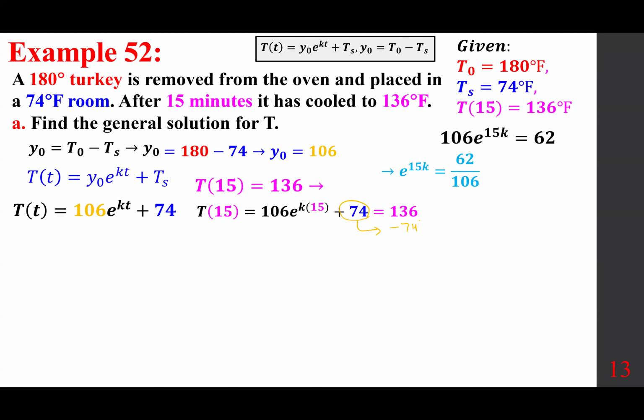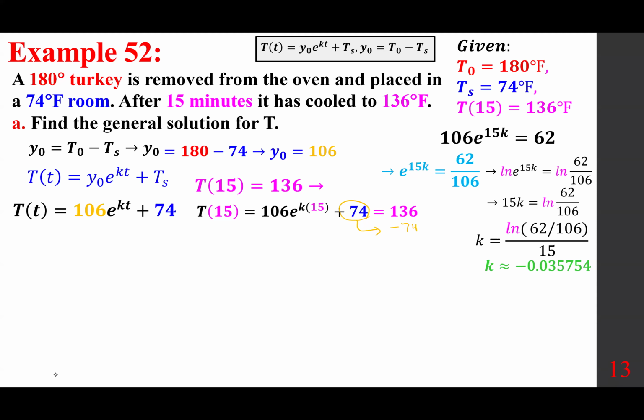In order to get to k, we're going to take a natural log of both sides. The left side becomes 15k, the right side remains unchanged, and therefore k is the right side, ln of 62 over 106, divided by 15. And now we put it into a calculator and we use a bunch of decimals. k becomes roughly negative 0.035754.